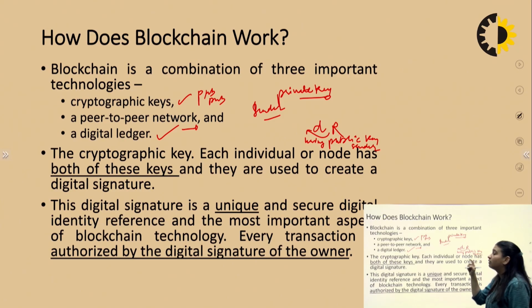And that is how you maintain data integrity, data authentication, and non-repudiation by using digital signatures. So a digital signature is a unique and secure digital identity reference. Every transaction is authorized by the digital signature of the owner.